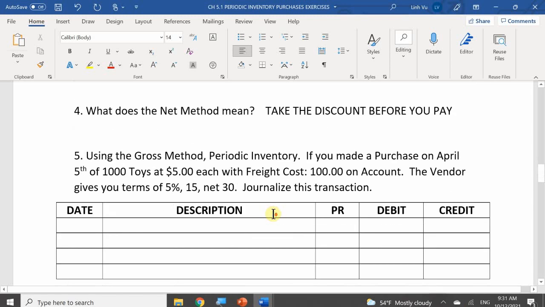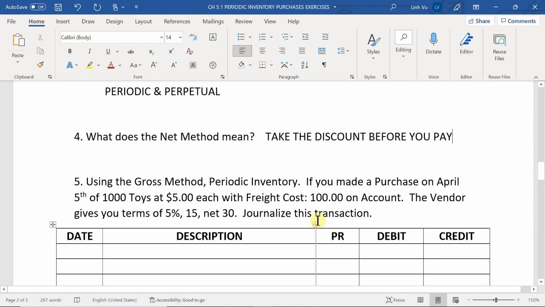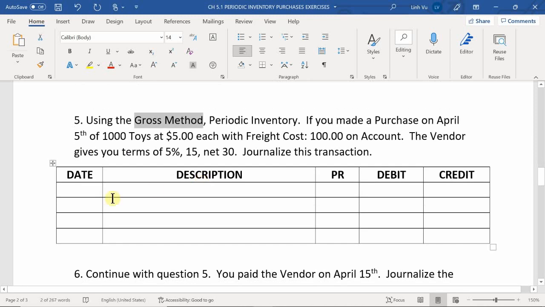All right, so then here, number 5, using the gross method of periodic inventory. If you made a purchase on April 5th of 1,000 toys at $5 each, with the freight costing you $100 on account, and the vendor gives you terms of 5/15, net 30. Let's journalize this transaction using the gross method.